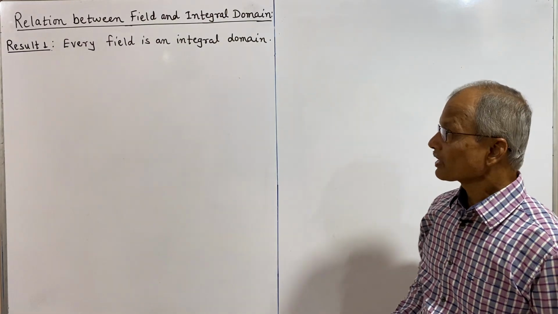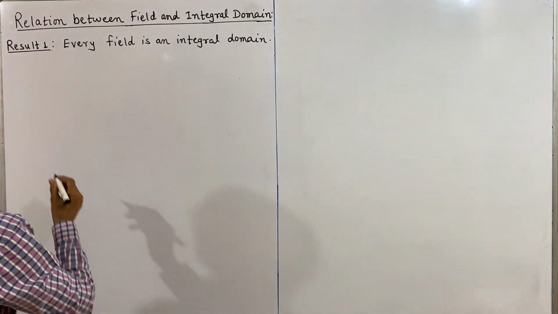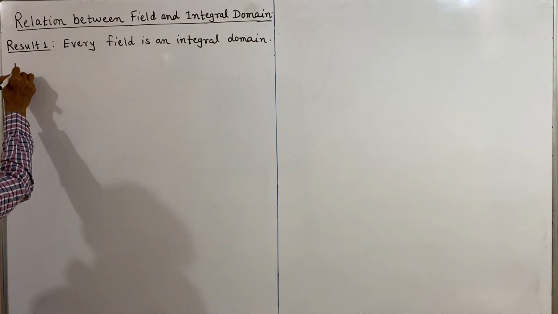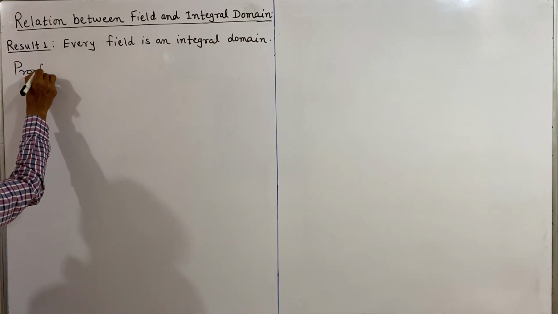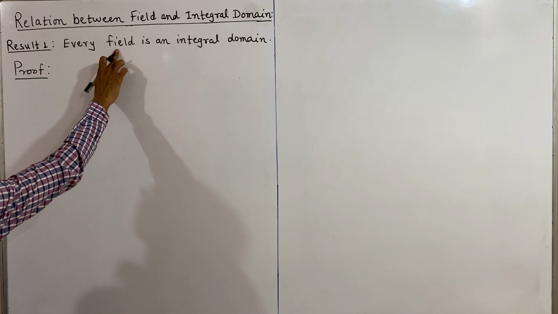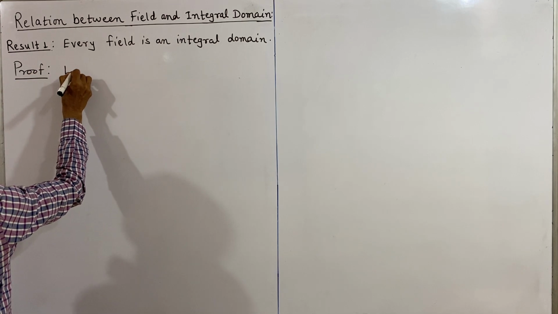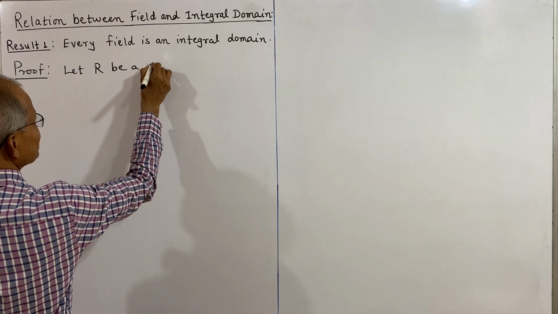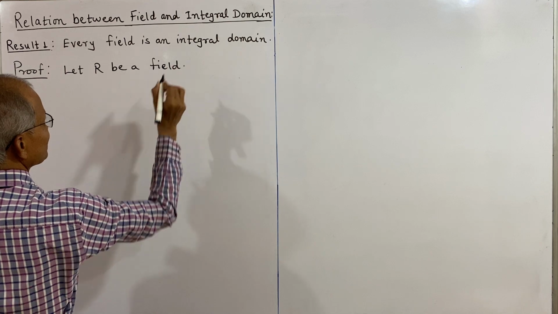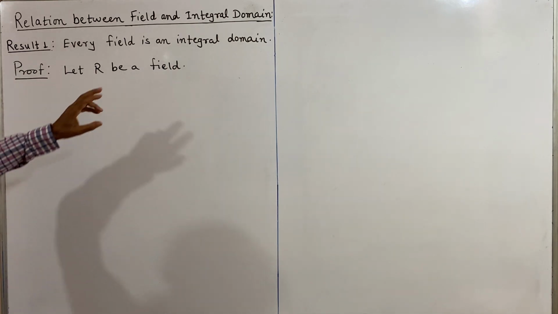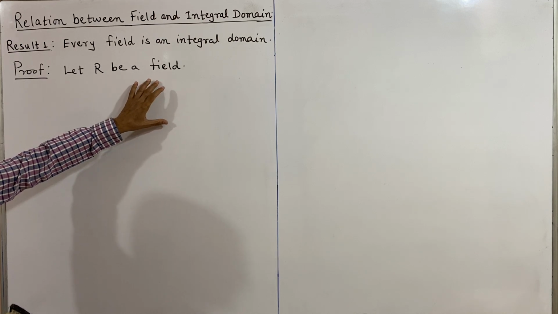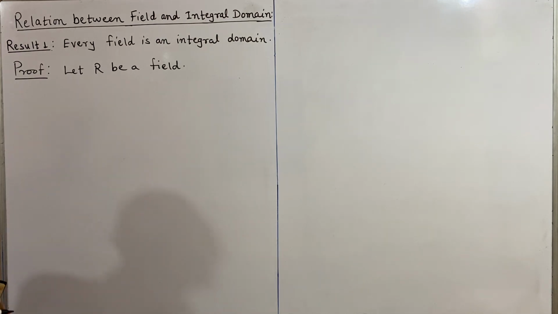This we shall prove. The proof may be considered as a result, or sometimes an example or problem also, but we shall write its proof. Let R be a field. Then we know a field is a commutative ring with unity in which every non-zero element has a multiplicative inverse.